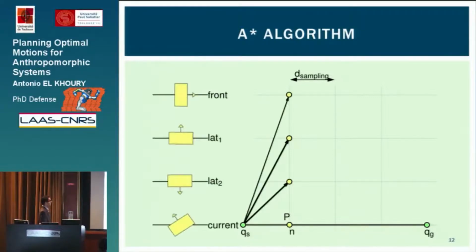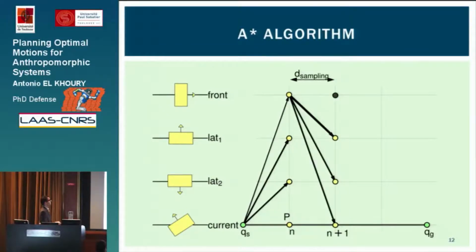On each sample configuration, we will have the current orientation, and we will also use the other, frontal and two lateral orientations that I defined earlier. With that, we can run an A-star algorithm that will expand the graph of possible transitions.